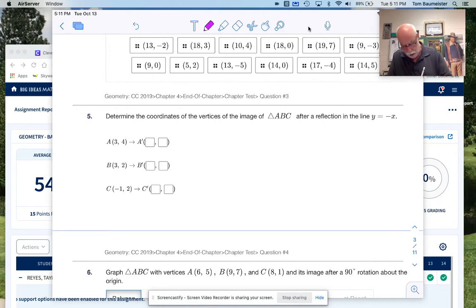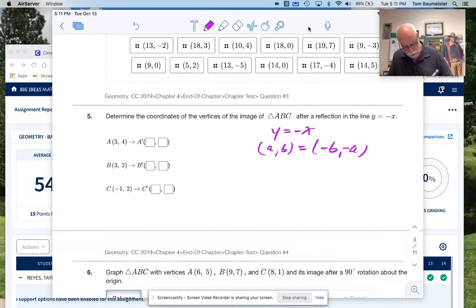And when it's in the line y is equal to negative x, our rule was we went from (a, b), and again, since it's in the line y is equal to negative x, you're going to flip them and negate them. So it's going to go (-b, -a).